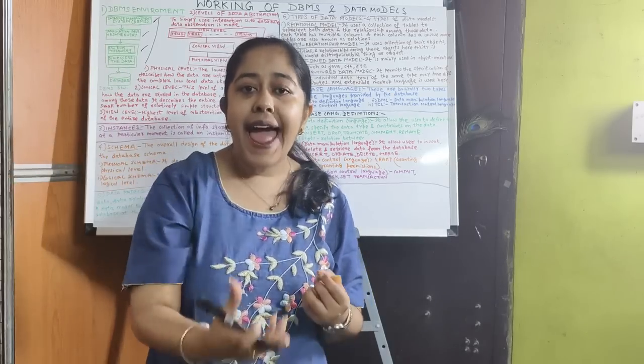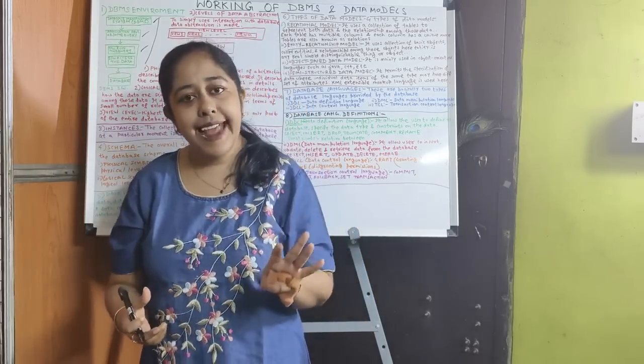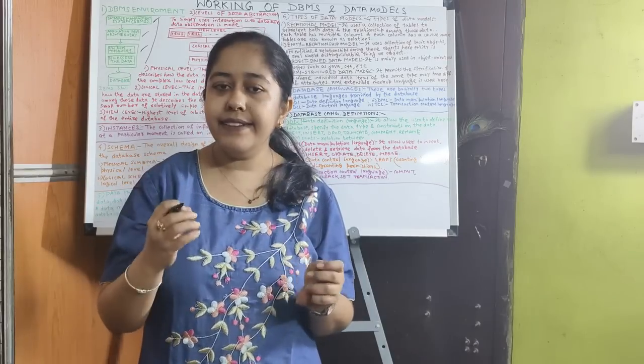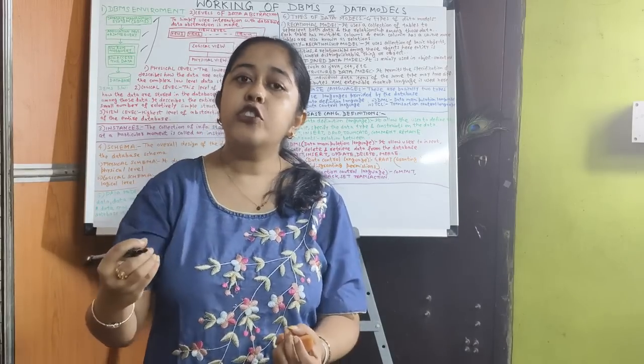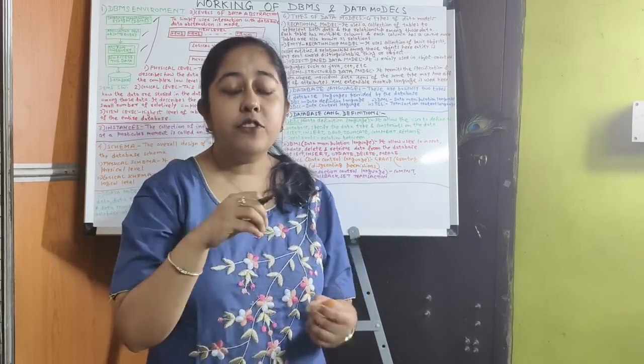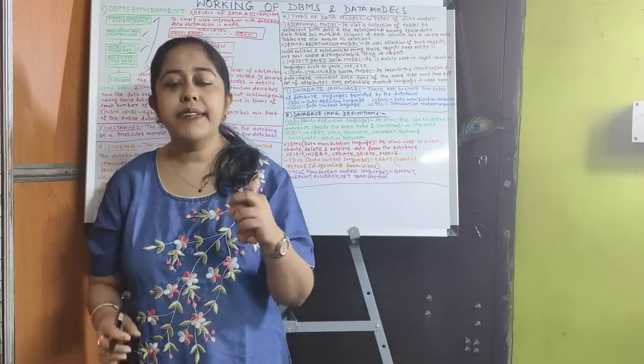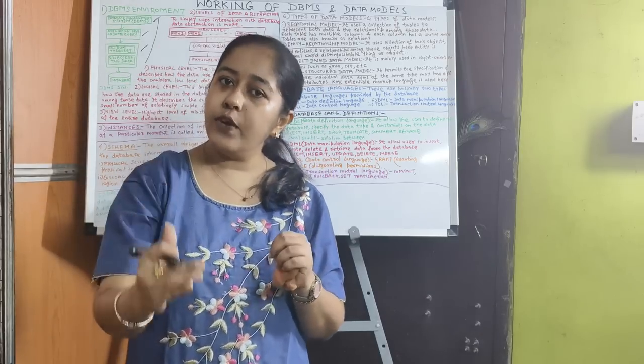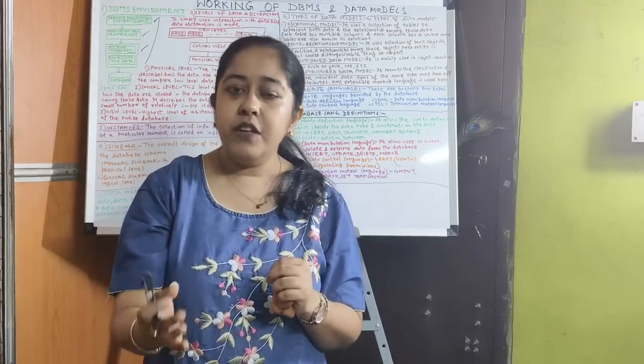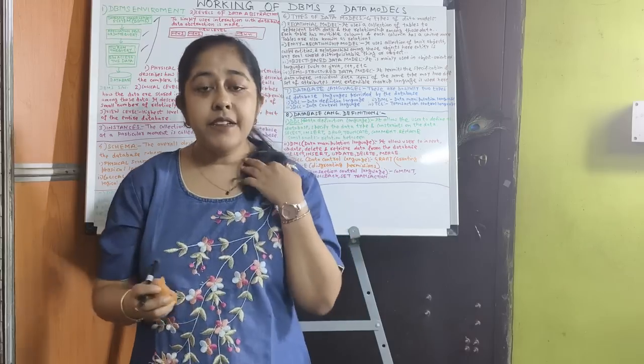So the query may be to create a table, or to fetch something, to insert something, to update something. These are the queries you give to the computer, to the DBMS software.